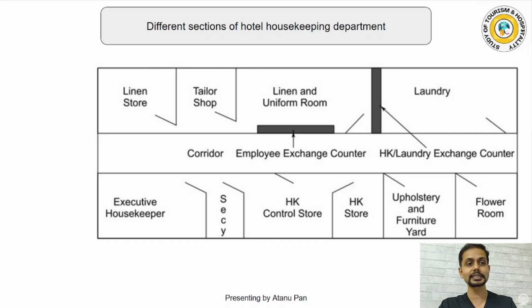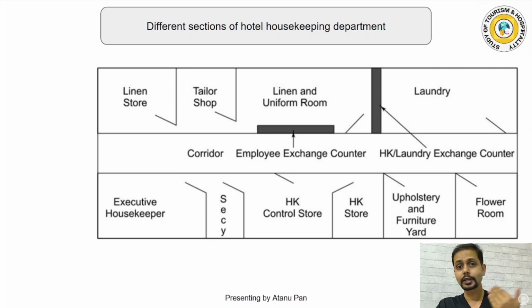So what happens? See, there is a corridor in between and we have an employee exchange counter. All right. And in there is an exchange counter between the linen and uniform room and laundry. So what happens? An employee comes with a dirty uniform, the employee will give it to the linen and uniform room.